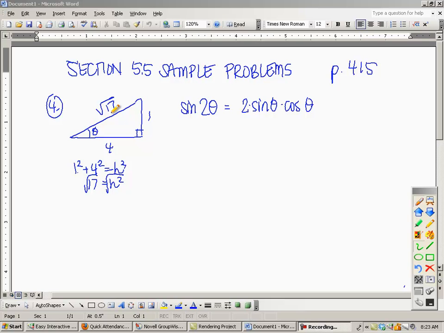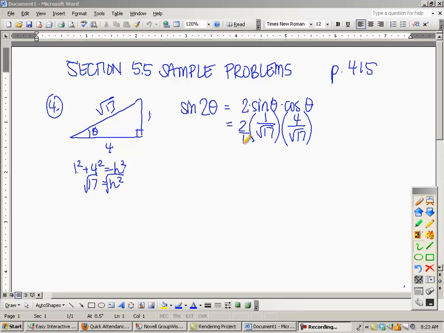Okay, so let's talk about this. If I fill in the formula, 2 times, what's my sine? Sine is opposite over hypotenuse, so 1 over the square root of 17. Cosine is adjacent over hypotenuse, so 4 over the square root of 17. And now my job really is to just simplify.